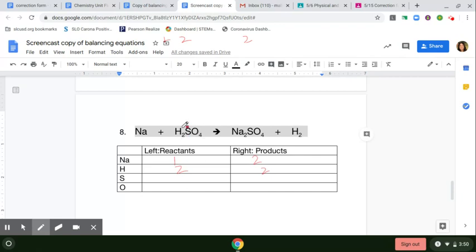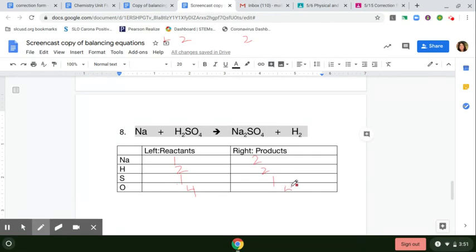S, sulfur, I have only 1 because that S does not have any subscripts on it, and it doesn't have parentheses. So I just have 1 sulfur, and I also just have 1 sulfur over here. And then oxygen, I have 4 oxygens on this side. Oh gosh, 4. And over here, I have 4.